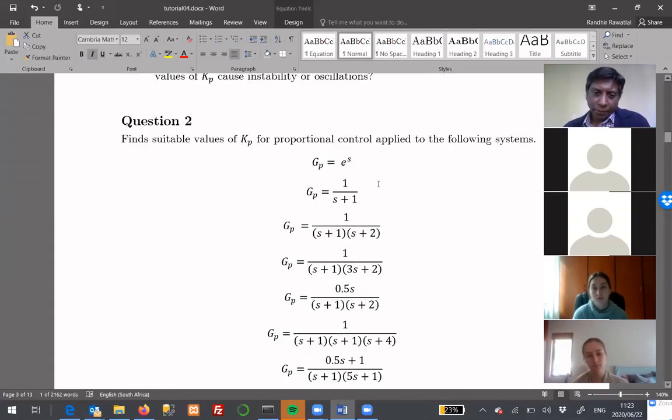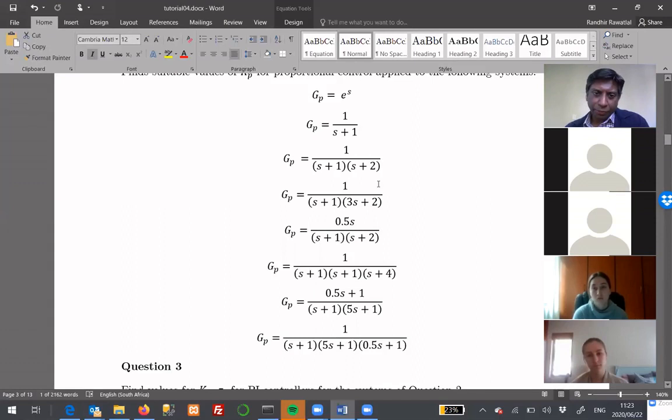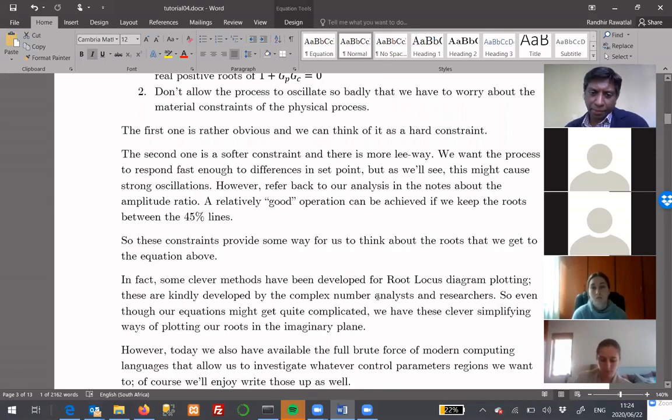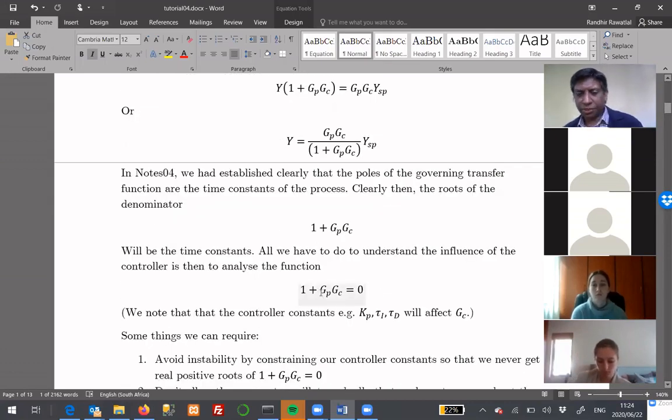Okay, so there are a couple of ways to solve this, right? So once more, we want to find the values of Kp that will cause us to control these processes. So there are some different ways to do that. First off, we know that generally speaking, we have this relationship that the roots of this equation are going to tell us how the process will behave.